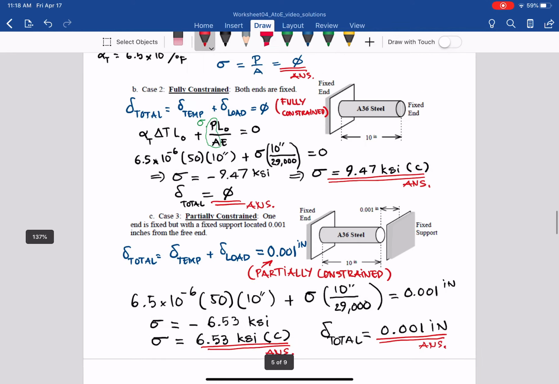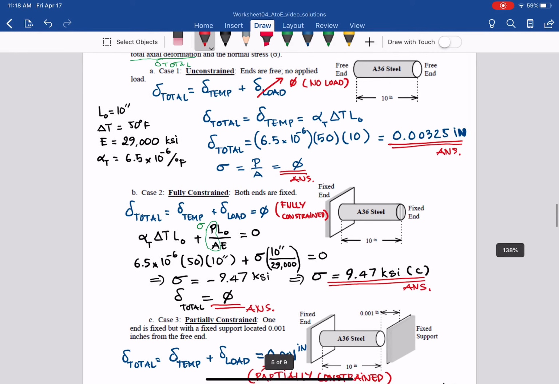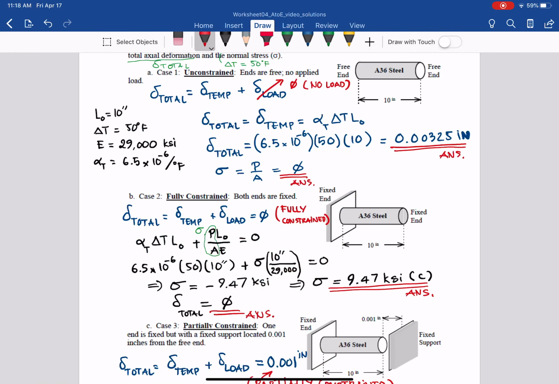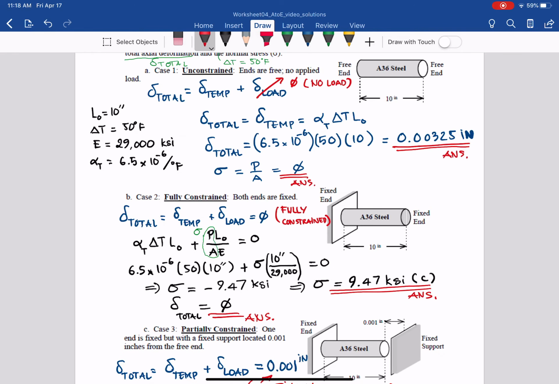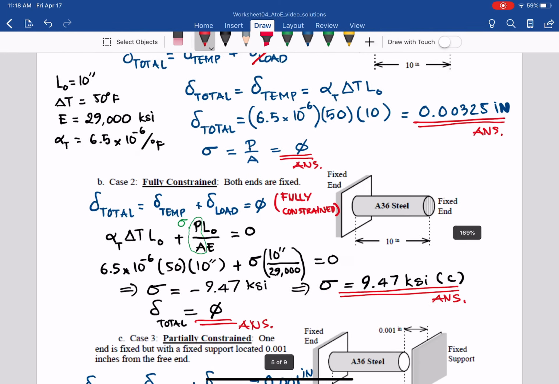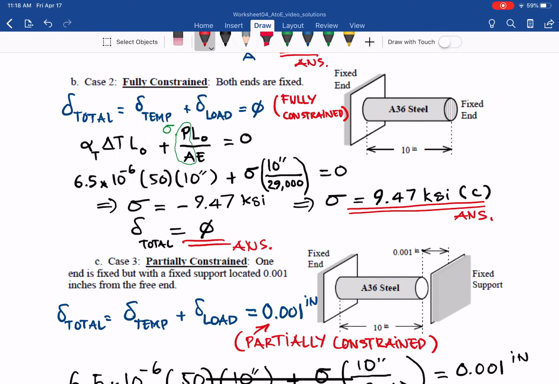So as you can see, different scenarios here. Case number 1, free, then the steel expands as much as it wants. If the temperature increases, the total deformation is the greatest, 0.00325 inch. Fully constrained, the member will not deform.